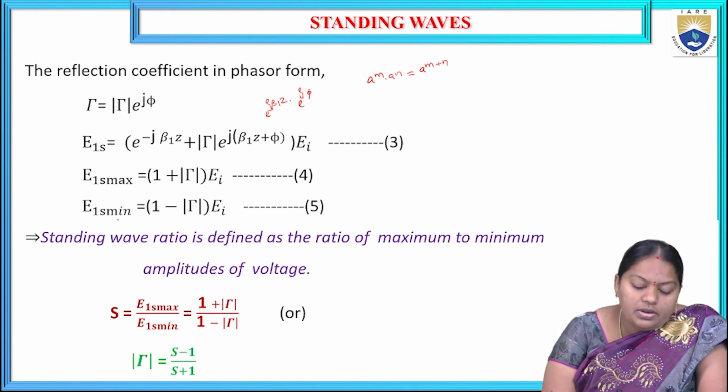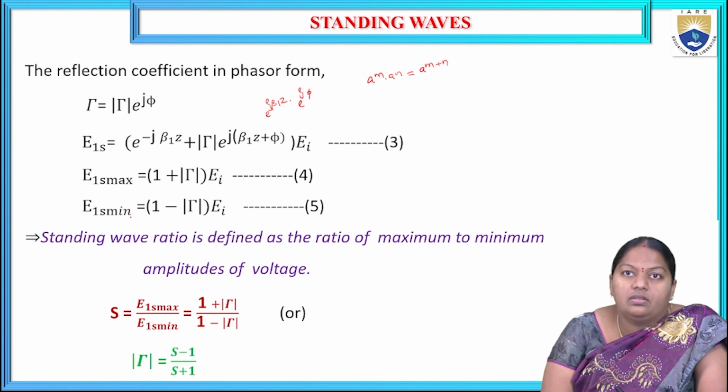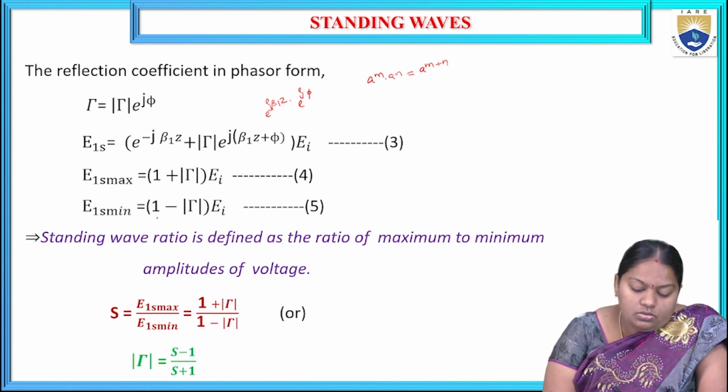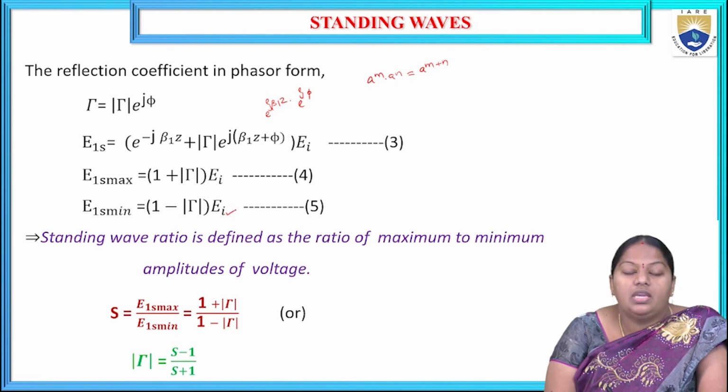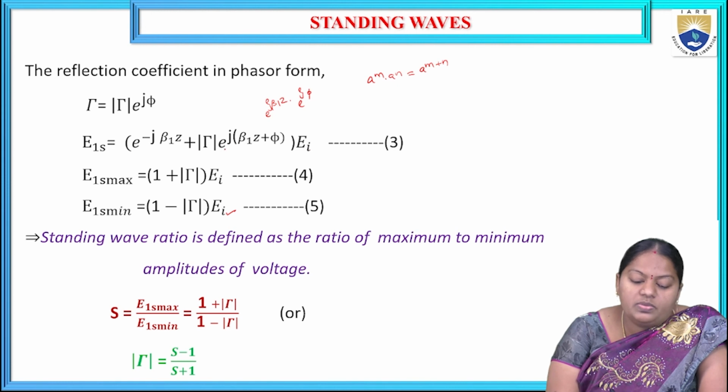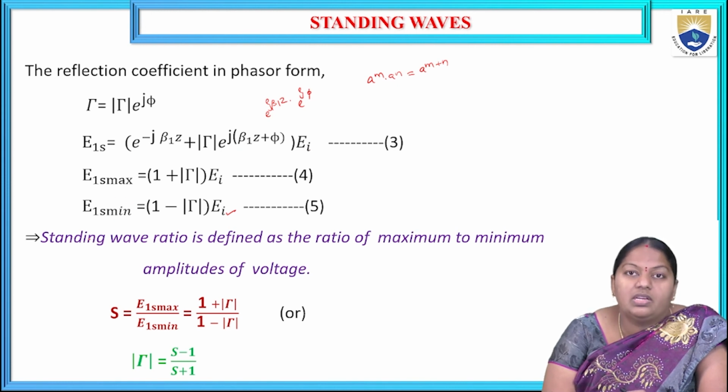When you get the minimum value, considering the imaginary part, E1s minimum equals 1 minus modulus of gamma into Ei. Understood from this E1s maximum and E1s minimum.